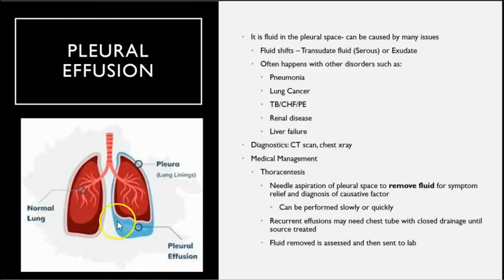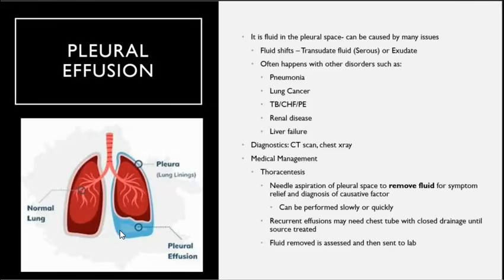Recurrent effusions. So if this effusion keeps occurring over and over again, your patient is likely going to need a chest tube. That chest tube, hopefully you guys have had the opportunity to look at them in SimLab or just lab in general and mess with them.